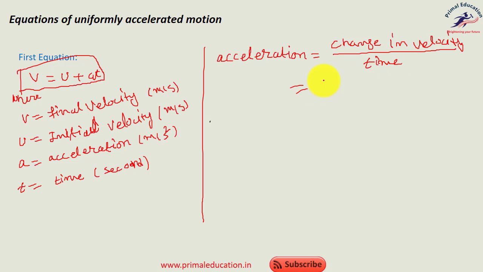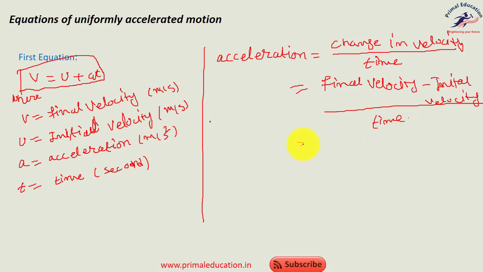And how can we calculate the change? Final minus initial. So final velocity minus initial velocity, over time.